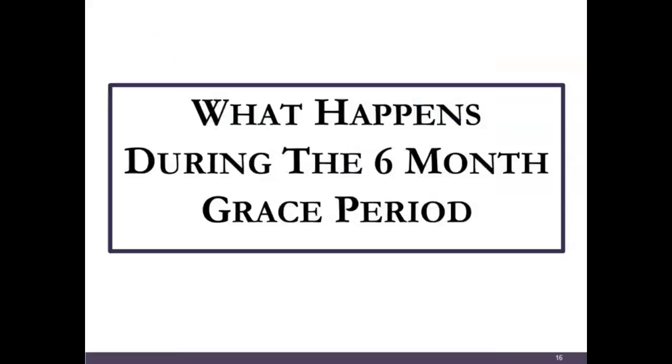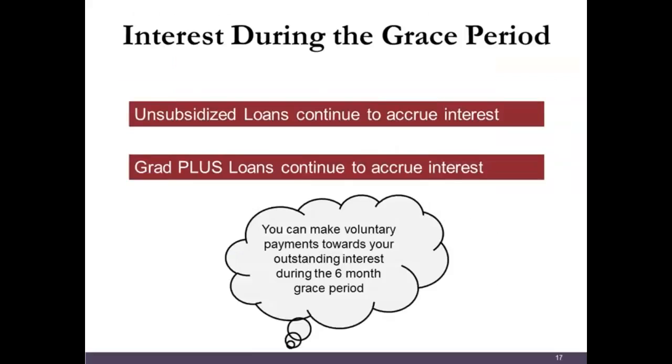So what happens during the 6-month grace period? This is pretty straightforward. Of course, because these are unsubsidized loans, they do accrue interest the entire time that you're in the grace period. So the unsubsidized loans will continue to accrue interest. Your Grad Plus loans will also continue to accrue interest. You can make voluntary payments towards your outstanding interest during the 6-month grace period.